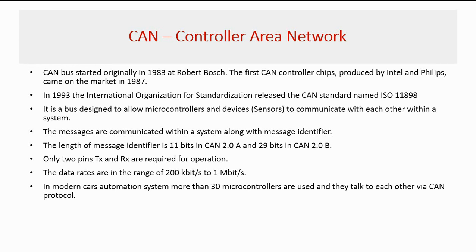And if multiple nodes are trying to transmit a message on the CAN bus at the same time, the node with the highest priority automatically gets the bus access. The CAN frames that are transmitted on the CAN bus do not contain the address of either the transmitting node or the receiving node.